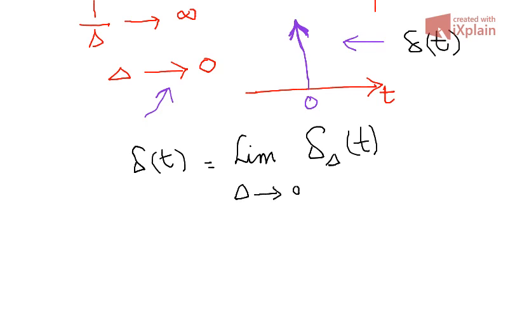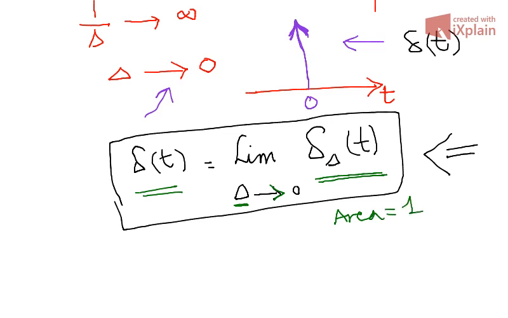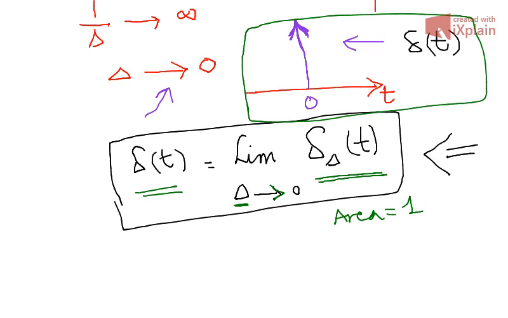So our unit impulse function is defined this way: just the shorter pulse with the pulse duration approaching 0, keeping in mind that the area of this pulse is unity. We represent the unit impulse graphically as shown in this figure.